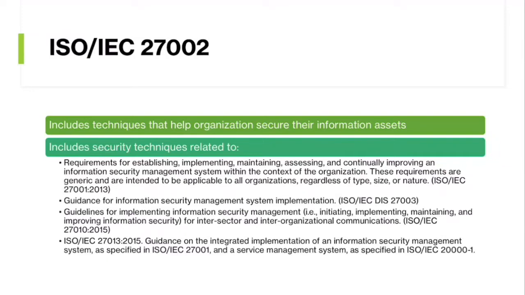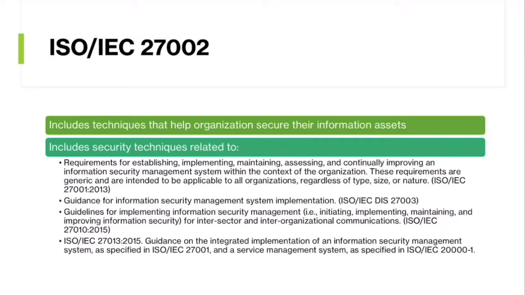This includes techniques that help organizations secure their information assets and actual security techniques related to requirements for establishing, implementing, maintaining, assessing, and continually improving an information security management system within the context of the organization. So these requirements are generic and are intended to be applicable to all organizations, regardless of type, size, or nature.